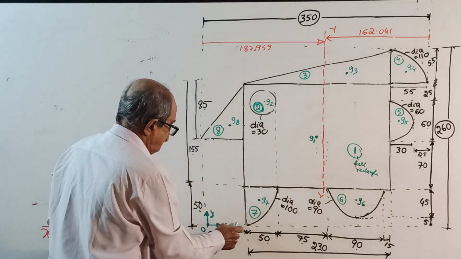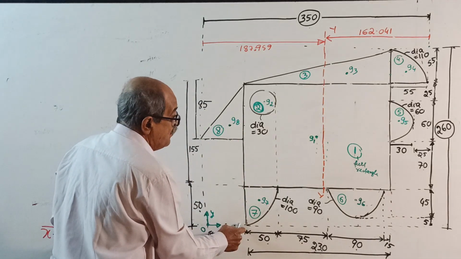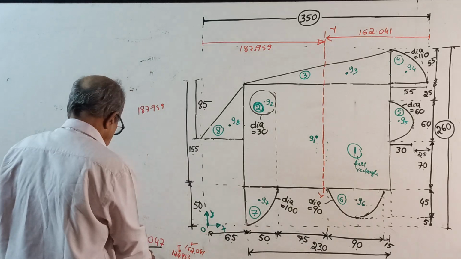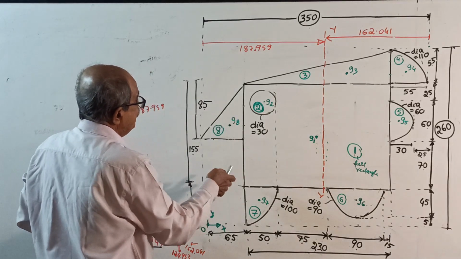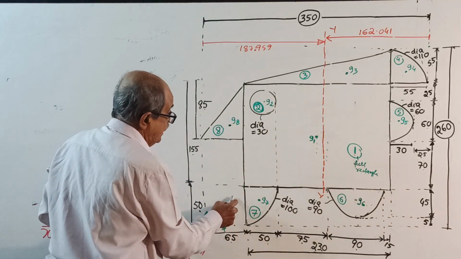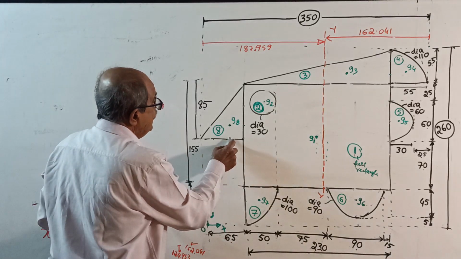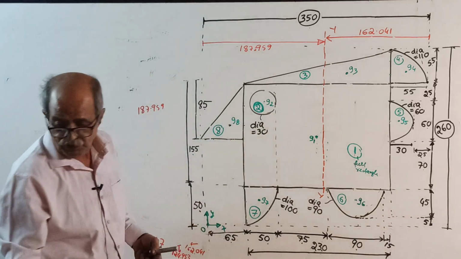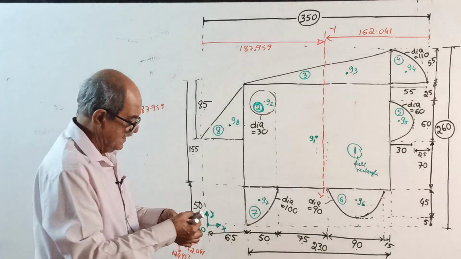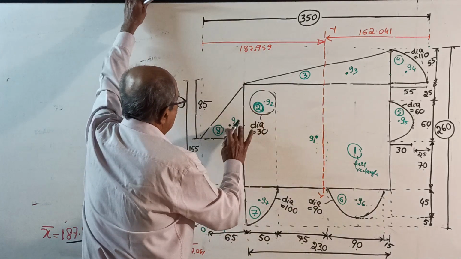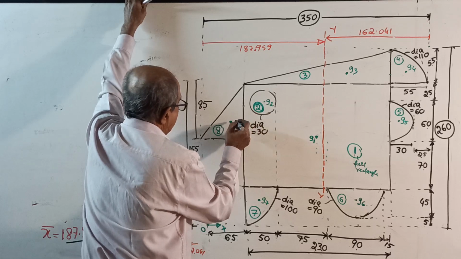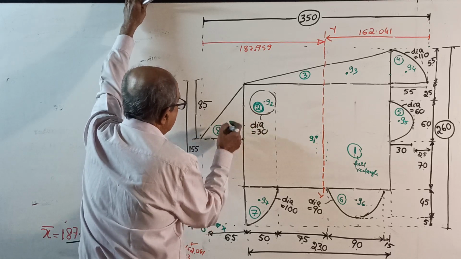So furthermore, this is 50 plus 70 plus 1/3 of 85. Actually, that 1/3 should have been slightly higher side. I will manage it. Okay, now correct.